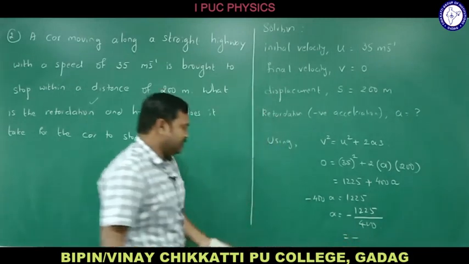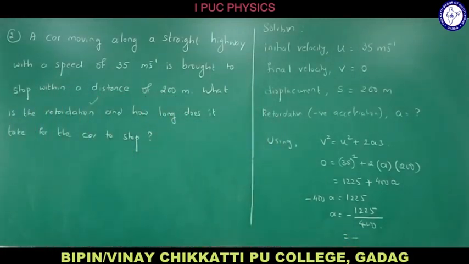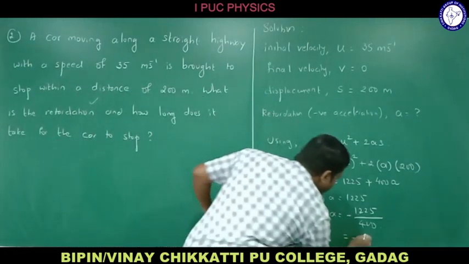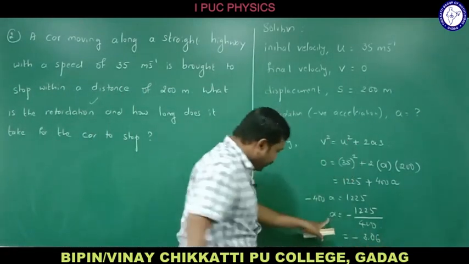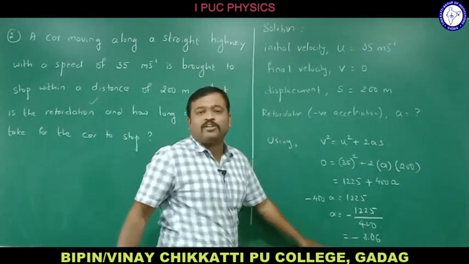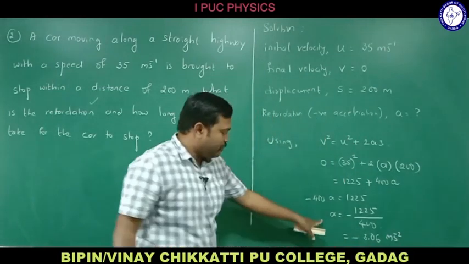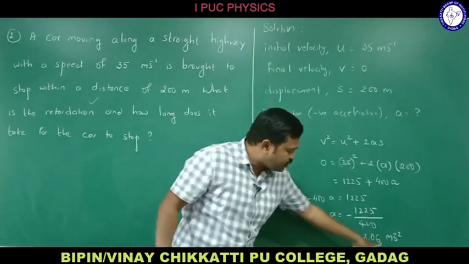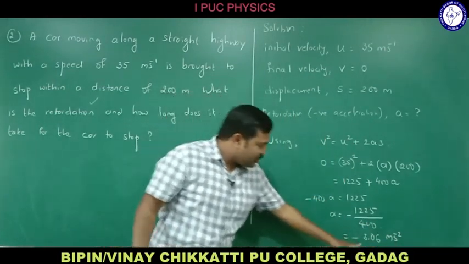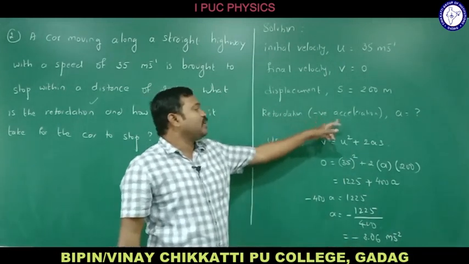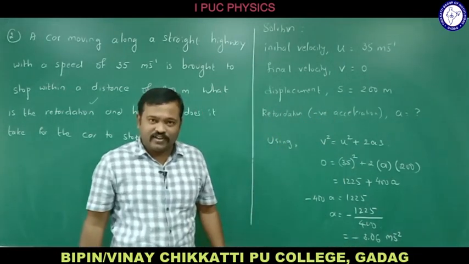If you calculate this, you will get 3.06. What is the unit of acceleration? That is meter per second square. Do remember, this is minus 3.06 meter per second square. Since it is minus, that acceleration is called negative acceleration. This is what we got now.